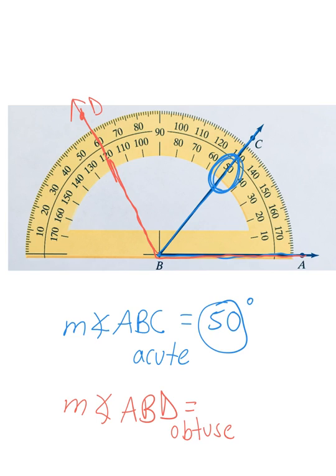So when it's an obtuse angle you're dealing with, you're only going to care about the larger number that the terminal ray goes through. So here, the larger number that it goes through is 120. So ABD would be 120 degrees. And again, they'll probably already have the degree symbol for you, so you would just type in 120 for the final answer.